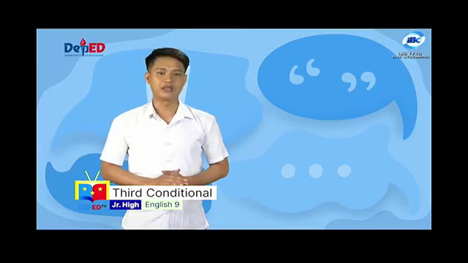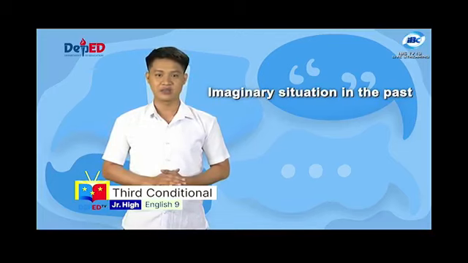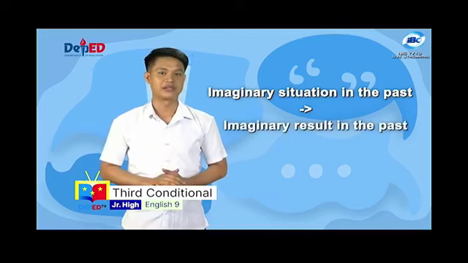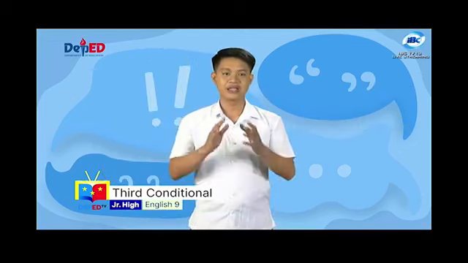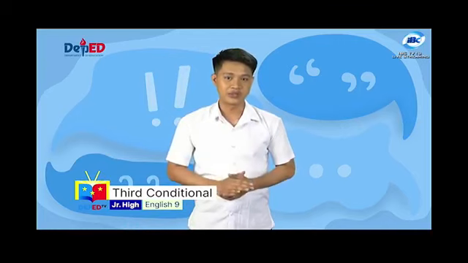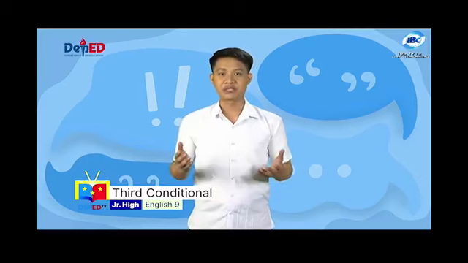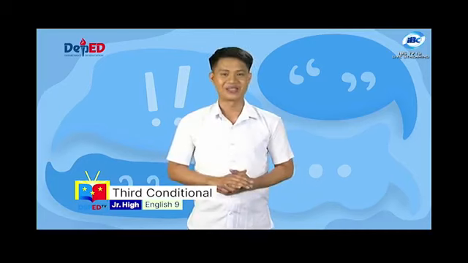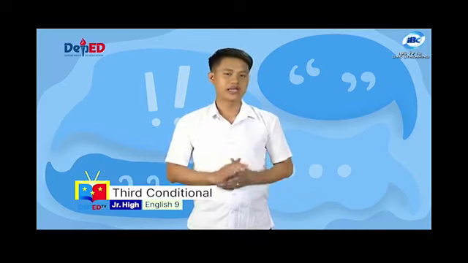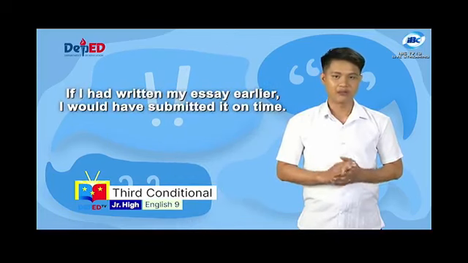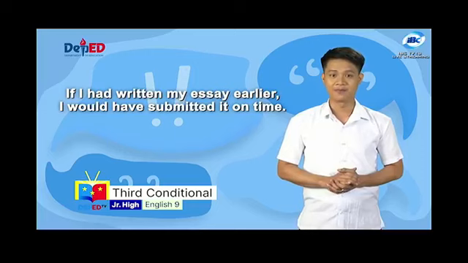The third conditional tackles an imaginary situation in the past that causes an imaginary result which is also in the past. It's unreal. It is not true because we can't change the past. Sometimes we wish we could, but we can't. It's impossible. For example, if I had written my essay earlier, I would have submitted it on time.